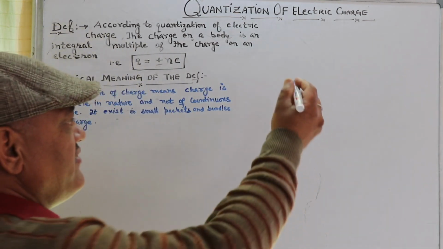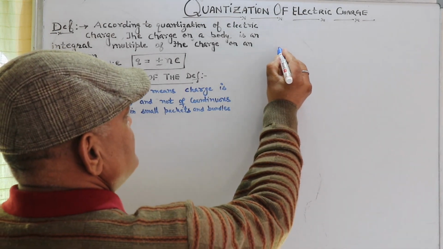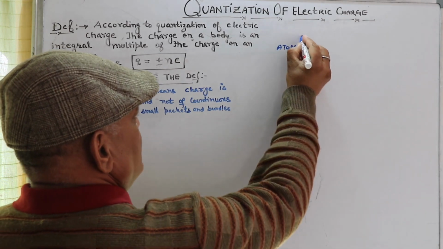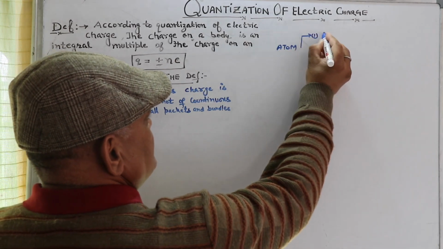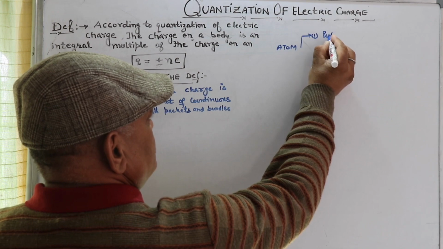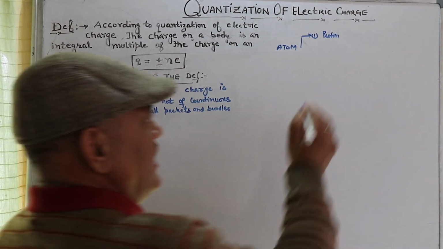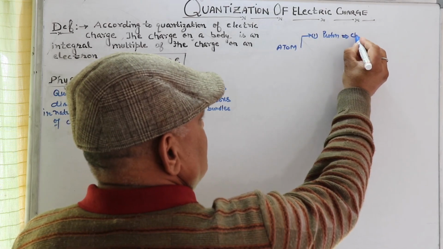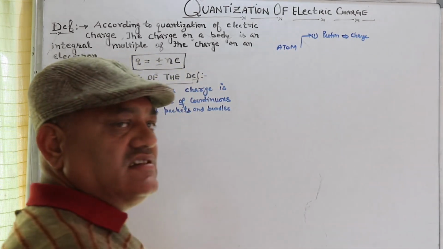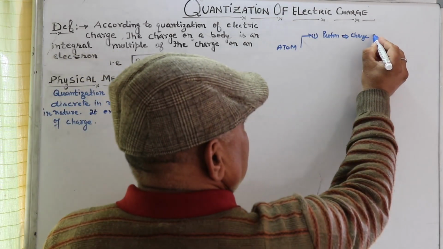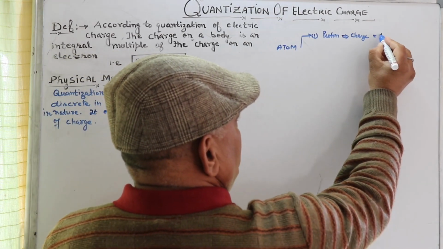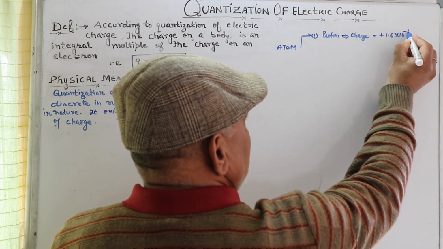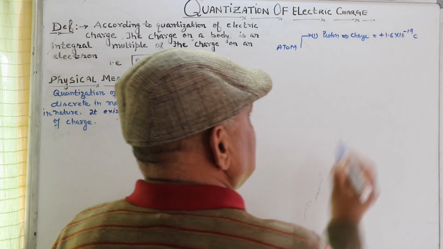The first particle is the proton, and this proton is a charged particle, and it has charge plus 1.6 into 10 raised to power minus 19 coulomb.